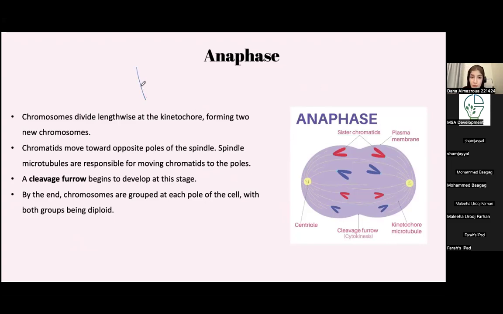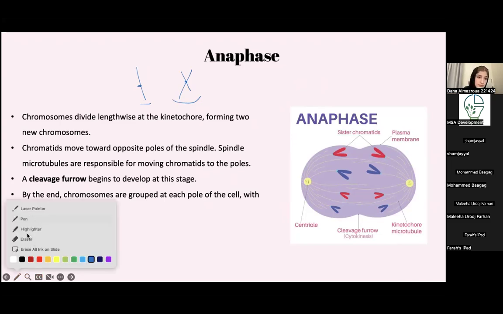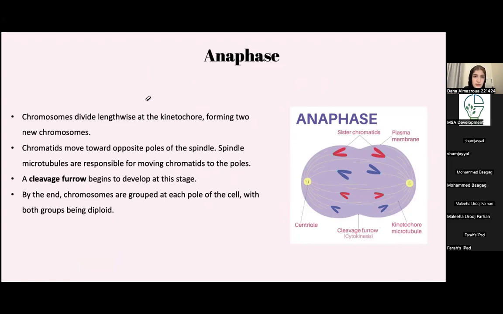A chromosome can have 1 chromatid and 1 centromere, and that's a chromosome. Or it can have 2 chromatids and 1 centromere, and that's again a chromosome. However, it has double the amount of genetic material. The chromosome can have 1 or 2 chromatids, exactly. Okay, thank you. Perfect. You're welcome.